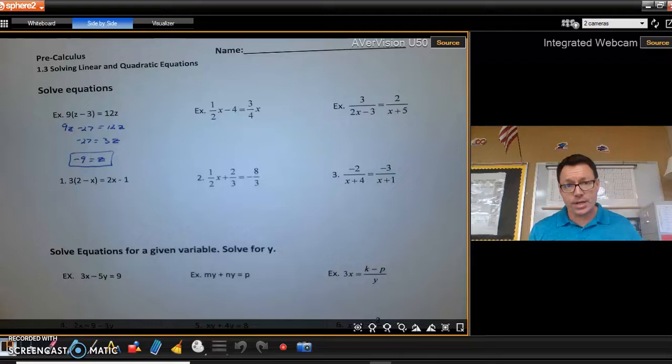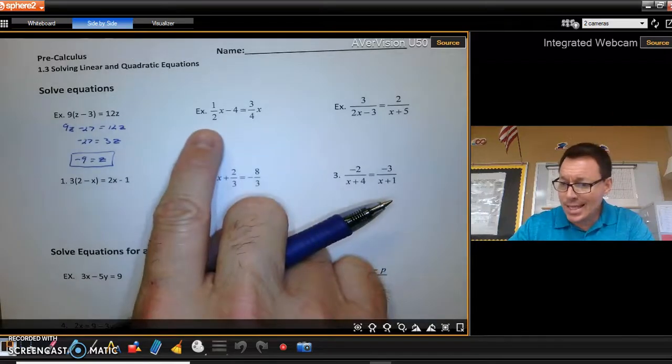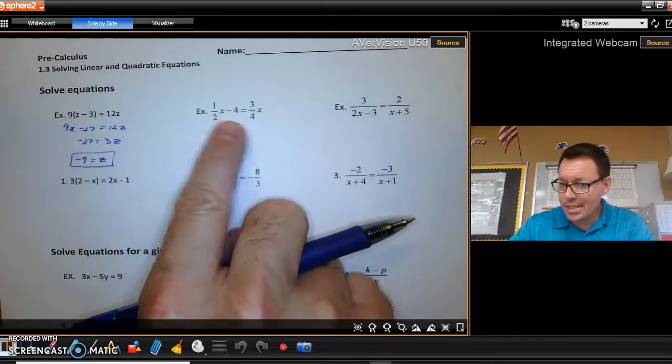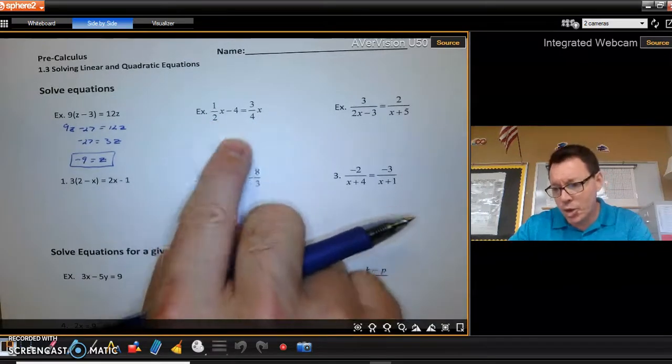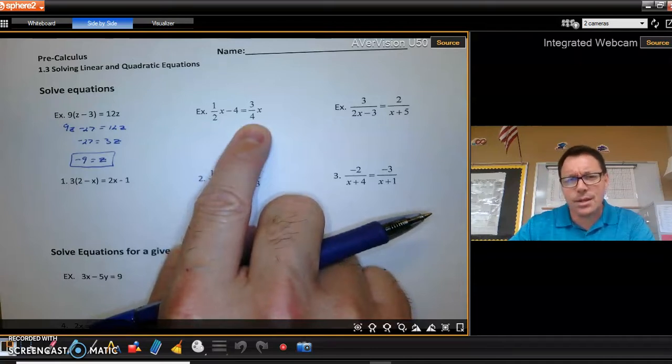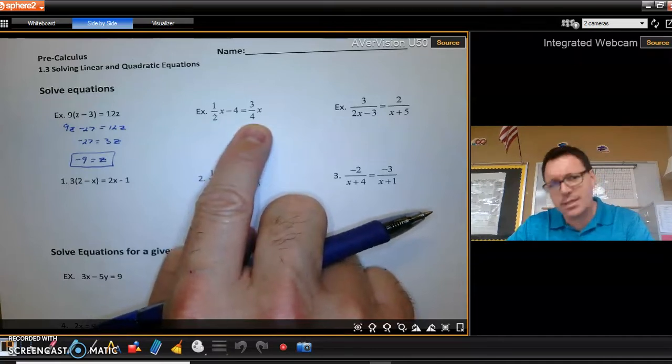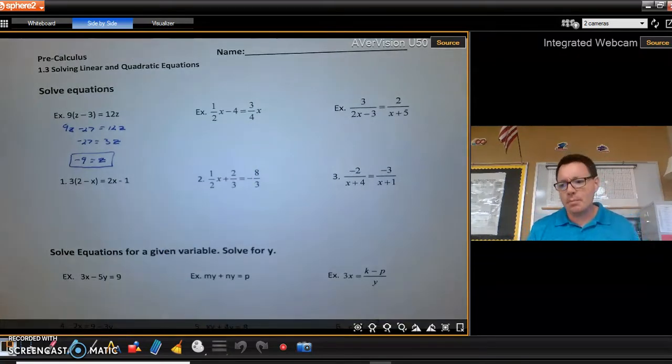You can deal with the fractions. Again, if I wanted to get my x's together, I could subtract 1/2 x from 3/4 x, but a lot of you probably are not big fans of fractions, and you avoid them when you can. So what I would do in this case is I would clear my fractions.